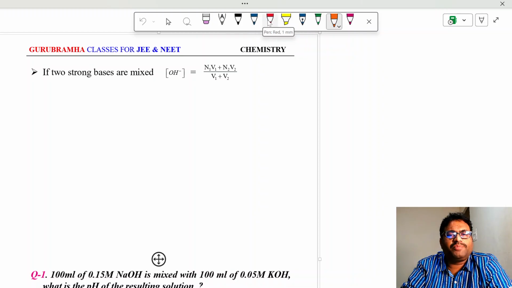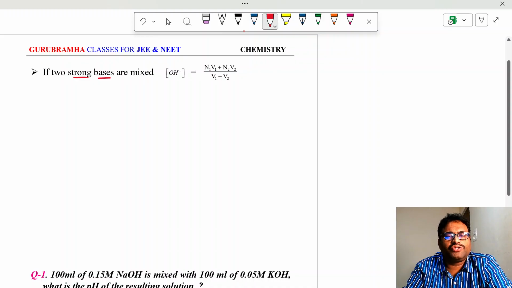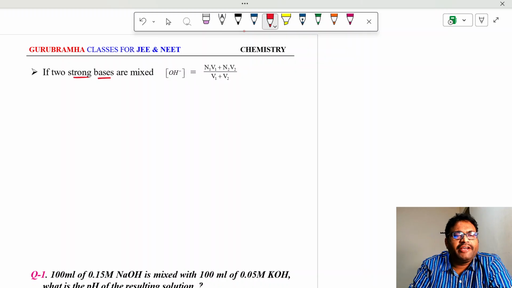So now we are speaking about the case of two strong bases. The same similar pattern we will be finding. So let us take a strong base here.